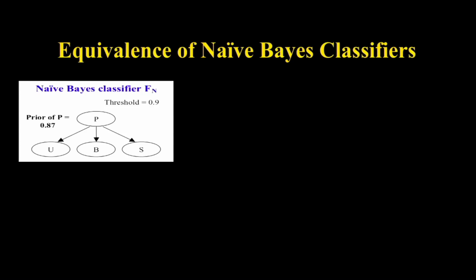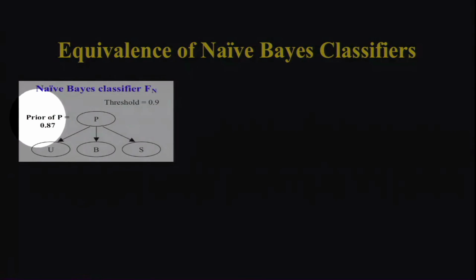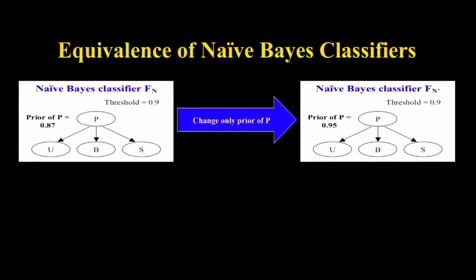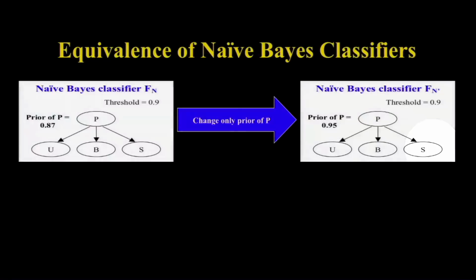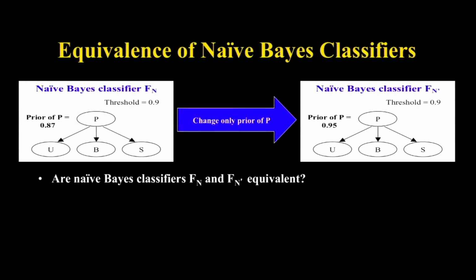Okay. A little bit more visualization before I give you the equation, which is the central result here. So here's a naive Bayes classifier over these. The prior is 87. You go ahead and change it to 95, and you keep everything else the same. That is, the CPTs for these features are the same, and then you ask the question: are these two classifiers the same? That means, do they induce the same decision function, symbolic decision function?